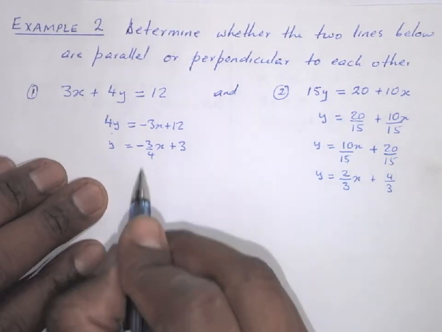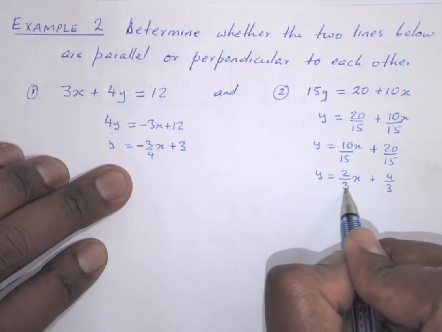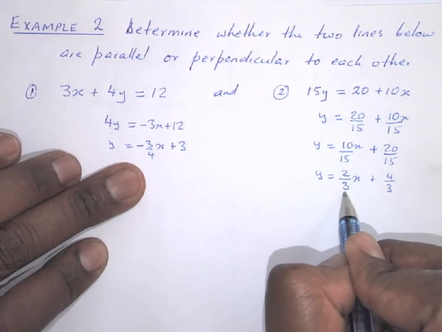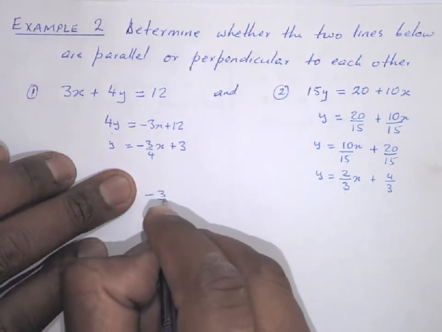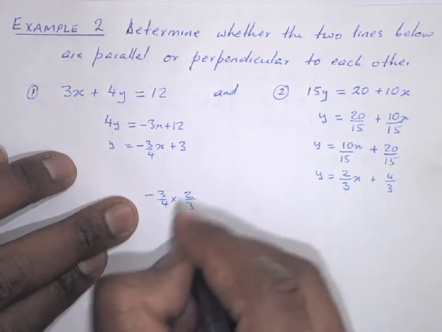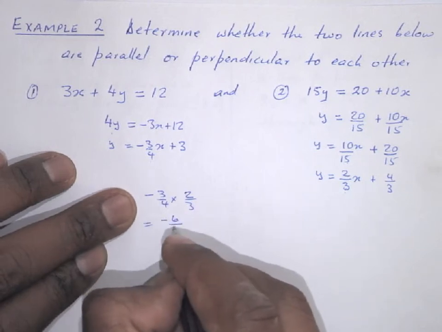If you look at these gradients here, this gradient is not the same as this gradient. This is -3 over 4, this is 2 over 3. Even if we multiply them, -3 over 4 times 2 over 3, this becomes -6 over 12.